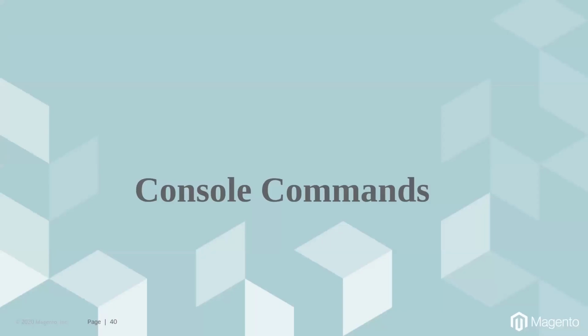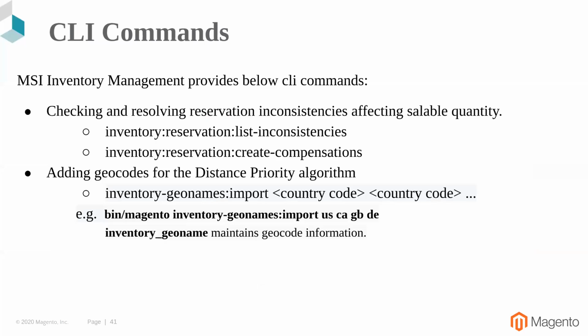Okay, next we'll see what are the console commands provided by the MSI module. So we'll talk about the first command, inventory reservation list inconsistencies. Reservation inconsistency may occur when inventory management loses the initial reservation and enters too many reservation compensations.